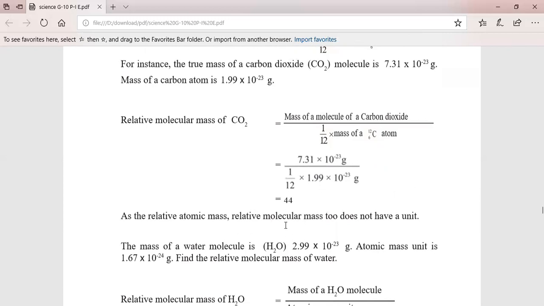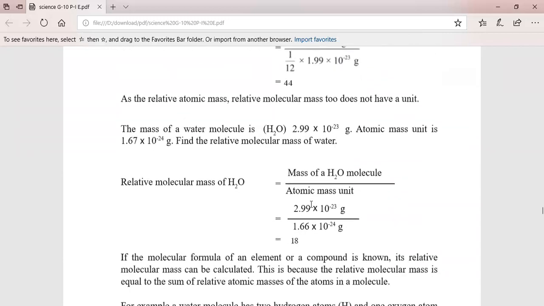The relative molecular mass does not have a unit. Grams cancel grams, so there is no unit for relative molecular mass or relative atomic mass.